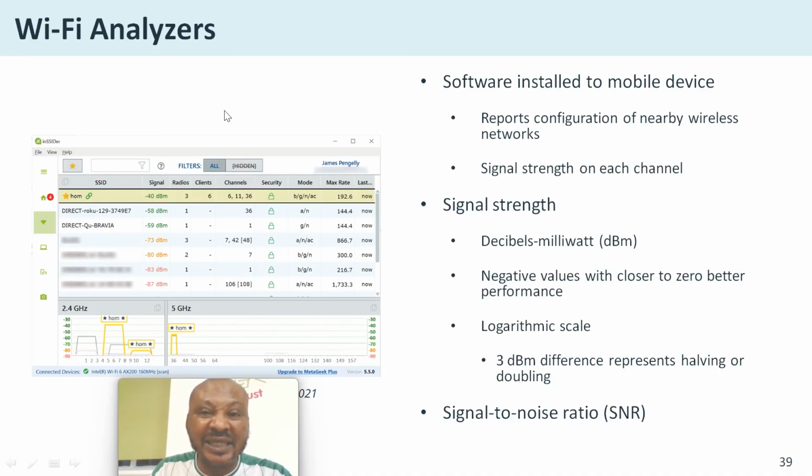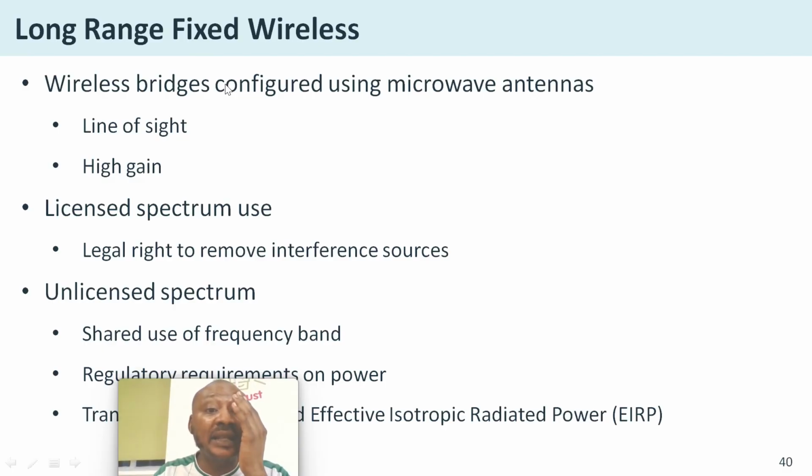A Wi-Fi analyzer will do that. It's software you can download. If you are using Windows, just go to download and search for Wi-Fi analyzer. As you install it, it shows you all the wireless networks around, the signal strength of each channel, your location, and every available access point. So that's the Wi-Fi analyzer for you.